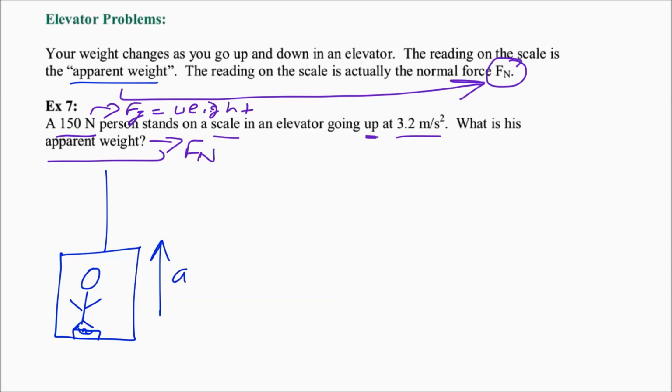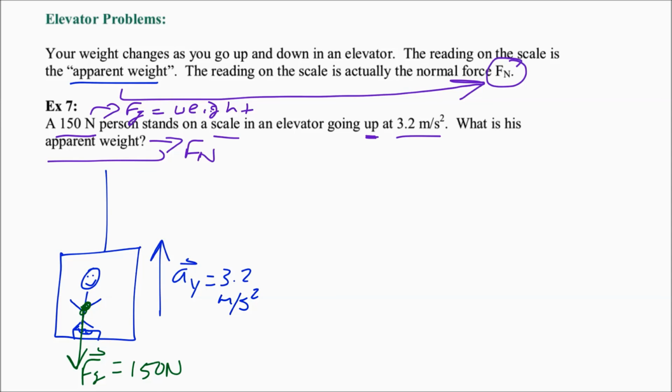So the acceleration in the y-axis then is equal to a positive 3.2 meters per second squared. Now, the person has a force of gravity acting downward on them, and that is equal to 150 newtons.